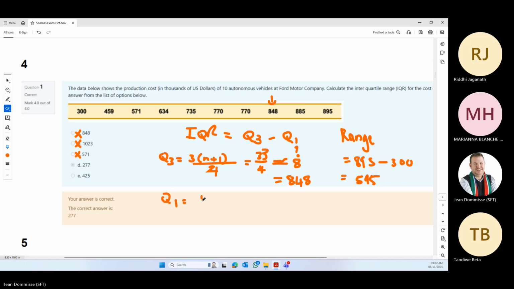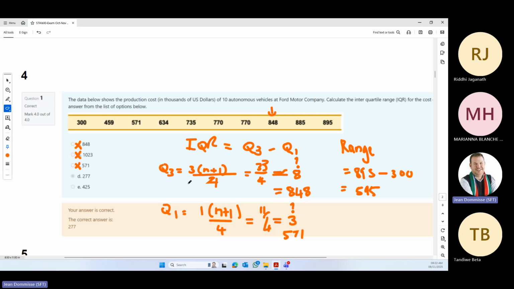Q1: 1 times (n plus 1) divided by 4. So it's 10 plus 1, 11 times 1 is 11. 11 divided by 4 is 2.75. So 2.75 is the position of 3. The third value is 571. Okay, so you guys can see what they did here. That is Q3.